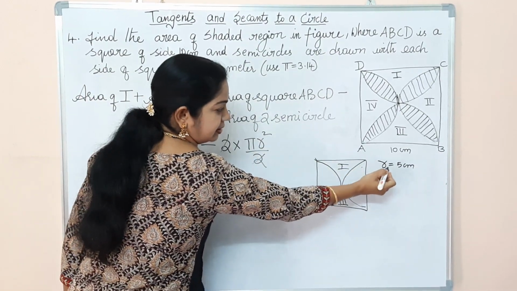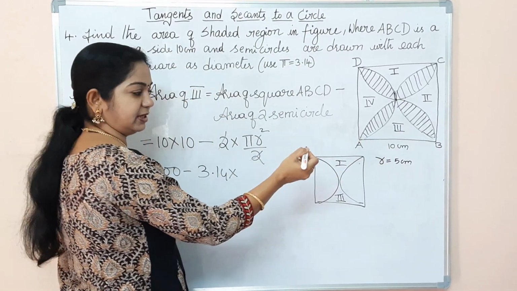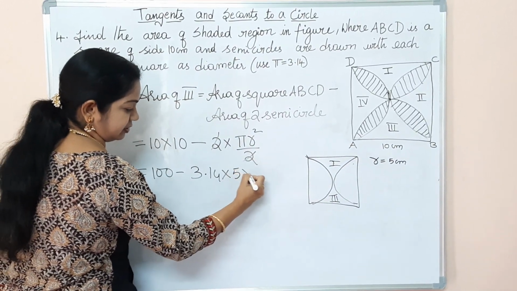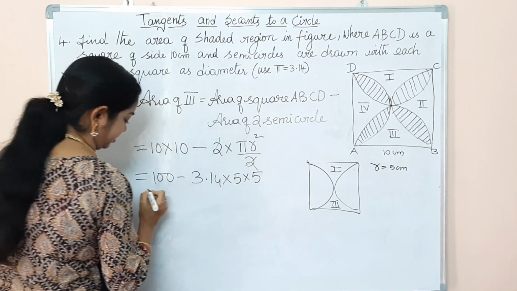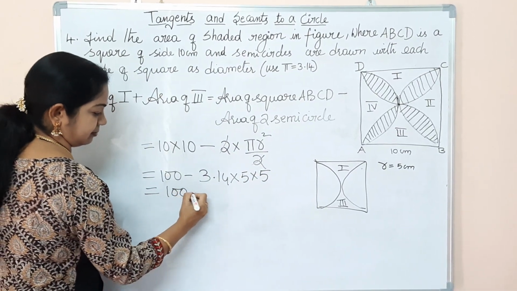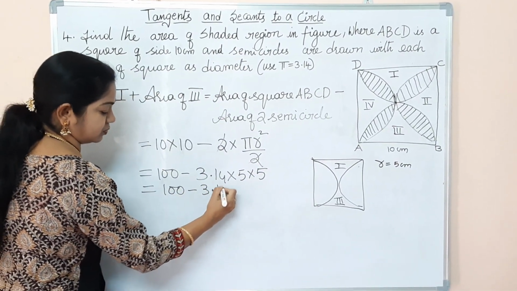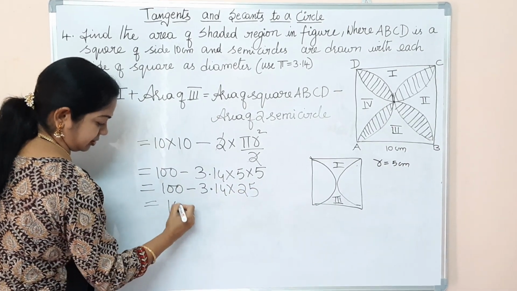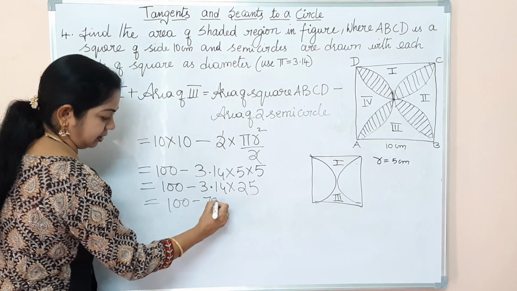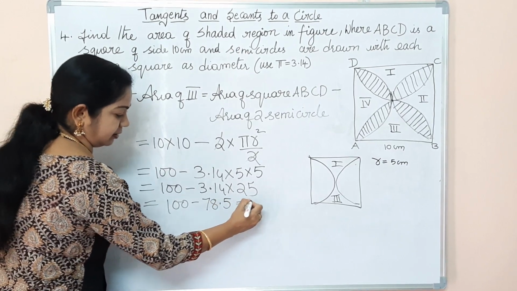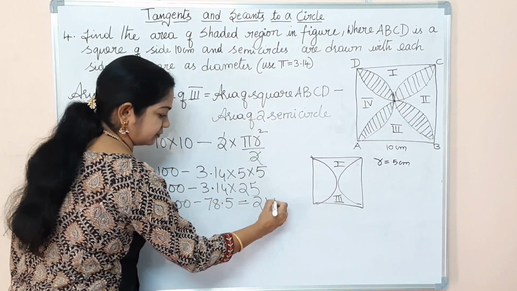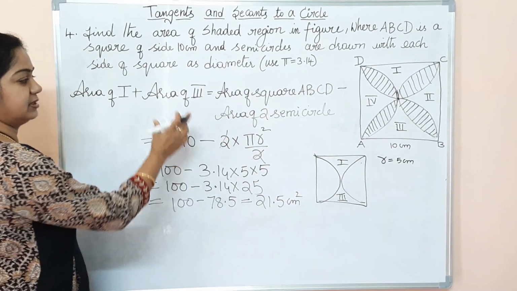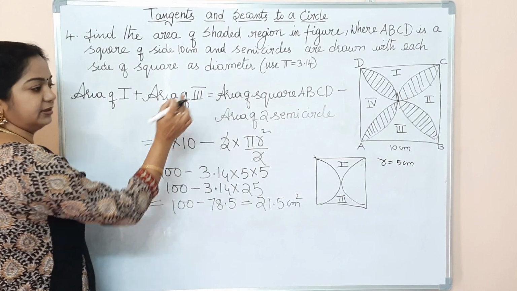R is nothing but this side of the square is diameter. Now radius becomes 5 centimeters. So 5 into 5. This comes up to 100 minus 3.14 into 25. This is 100 minus 78.5. It comes to 21.5 centimeter square.